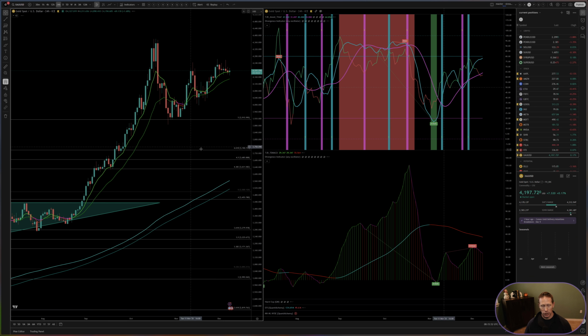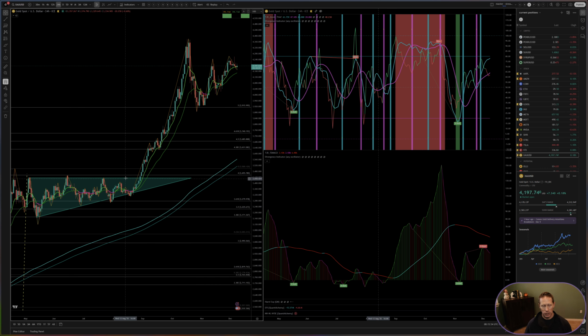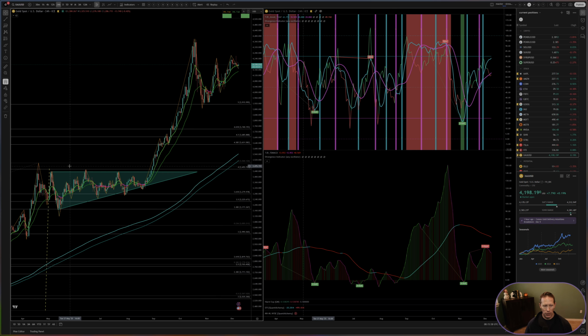Next, I'm just going to jump straight over to gold. The reason is because I had some patterns drawn out from previously, and one thing that I really like to play in terms of patterns is these ascending triangles. Gann has talked about this quite a bit, and this is essentially like the Mexican Pete pattern that he has outlined in some of his books.